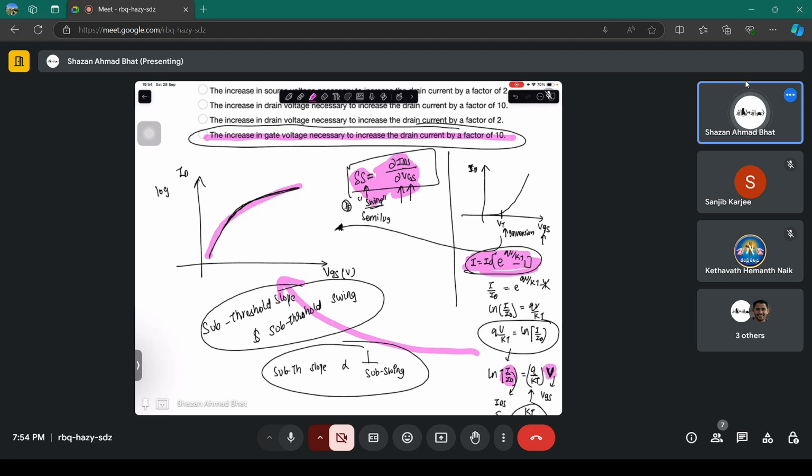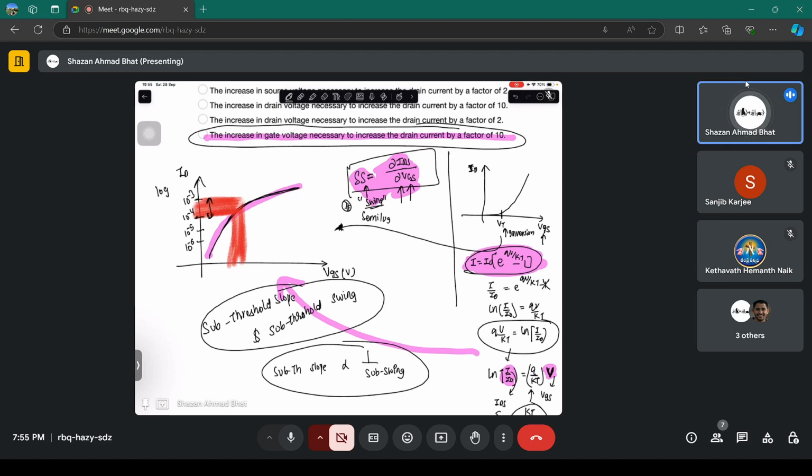It is the increase in the gate voltage necessary to bring about a decade change in current. Decade means an order of magnitude change in current. This is in log scale, so if it is 10 to the power minus 6, 10 to the power minus 5, 10 to the power minus 4, 10 to the power minus 3, it is the gate voltage needed to bring this order of magnitude change.